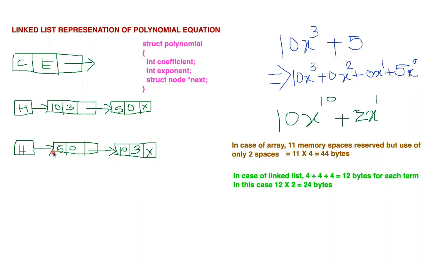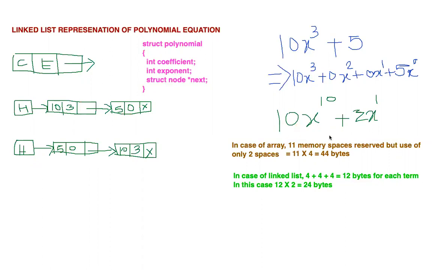Also, we can store it in the ascending order. So we store 5, which is the coefficient, and the exponent is 0, then it points to the next higher exponent value, so 10, 3.